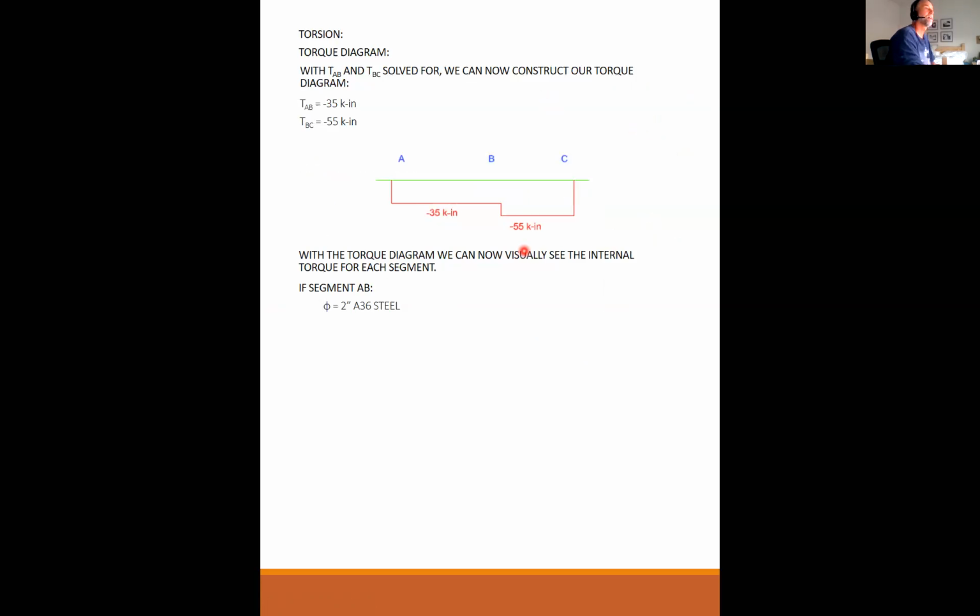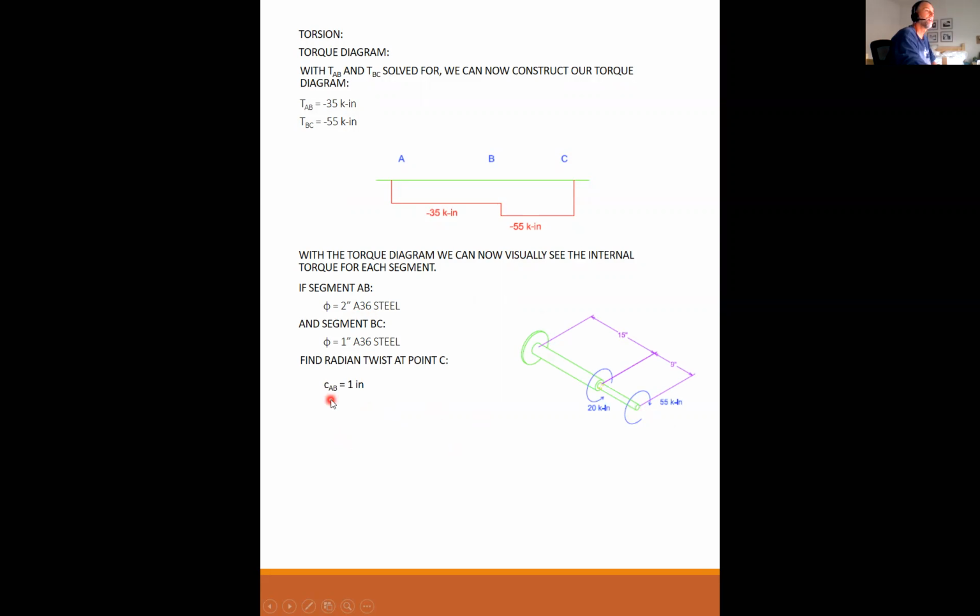Okay, so if I define that segment AB is 2-inch diameter A36 steel, and segment BC is 1-inch diameter A36 steel, then can we find the radian twist at point C? And here's the problem. This is the original problem. So this is point C here. Can I find that radian twist at this point?